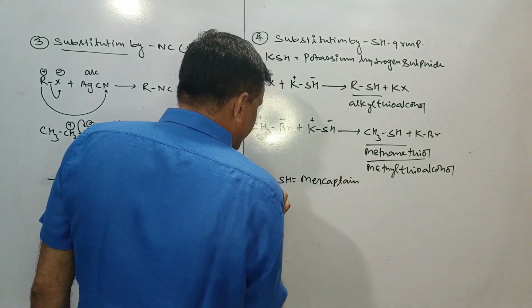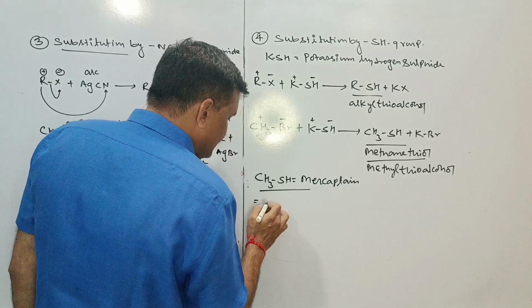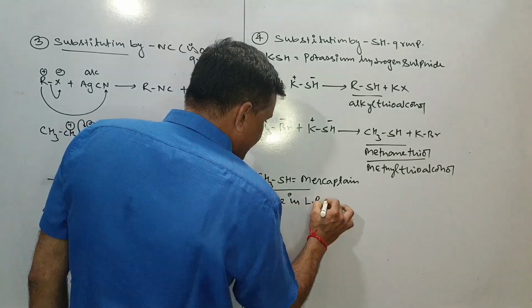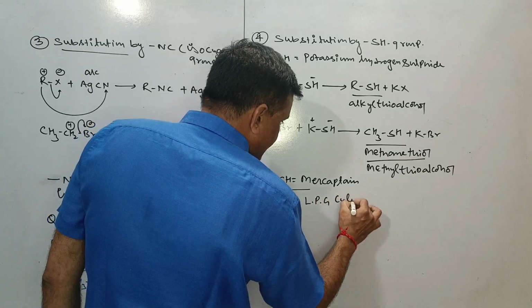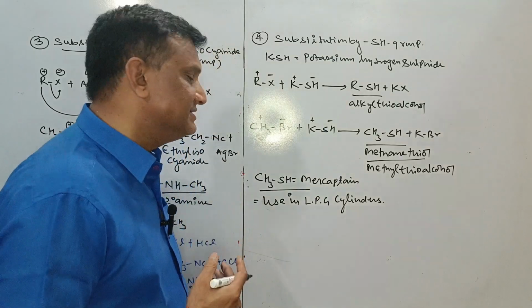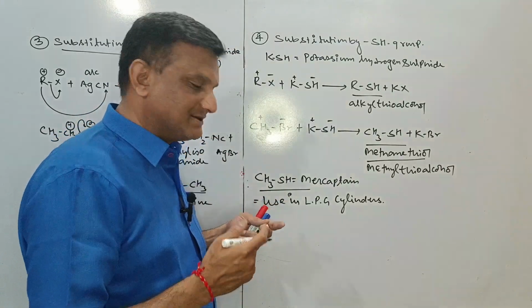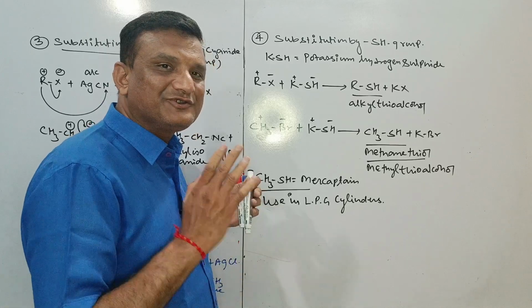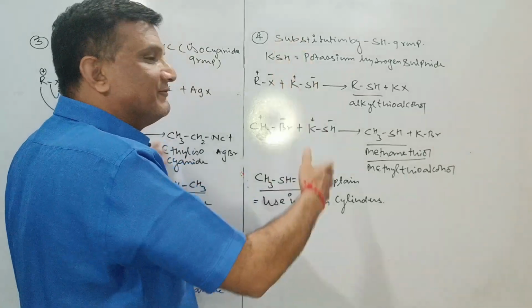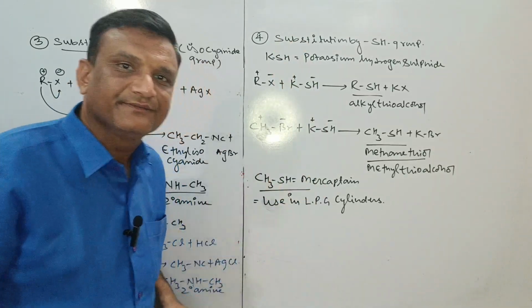And this kind of compound is used in LPG cylinders to know about the leaking of LPG, because it gives a smell with the LPG gas. When this is added to LPG gas, the smell of leaking that comes is of mercaptan. So this was about the fourth example of the nucleophilic substitution reaction.